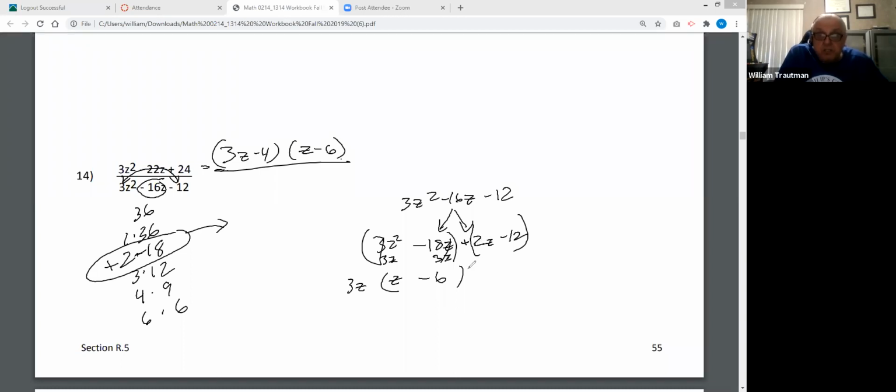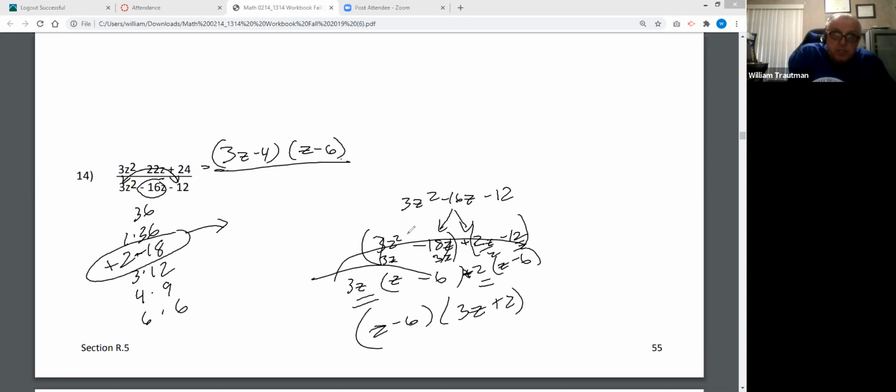A 2 factors out of there. That's a plus. When I divide each by 2, I'm left with z minus 6. The parentheses is the same. So the z minus 6 factors out first. And then we're left with 3z plus 2. z minus 6 and 3z plus 2.